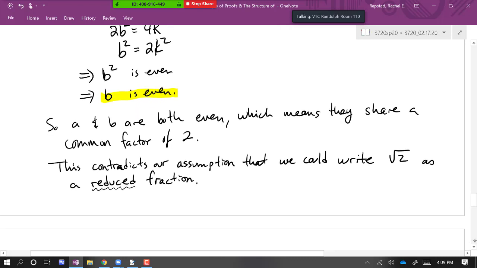So there must be something wrong with our assumption. And the square root of 2 is irrational.